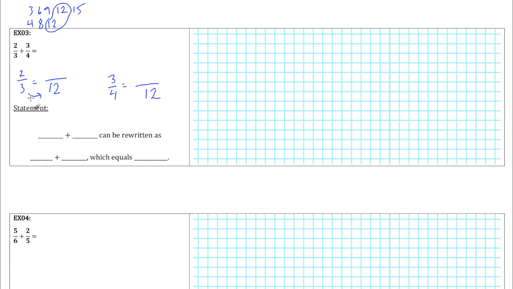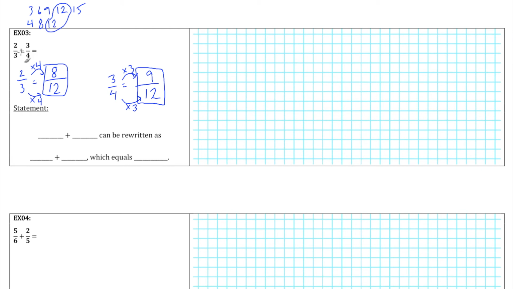Here I would multiply the numerator and denominator by 4, and I get 2 times 4 is 8/12ths. And here I will multiply the numerator and denominator by 3. 3 times 3 is 9, so I get 9/12ths.